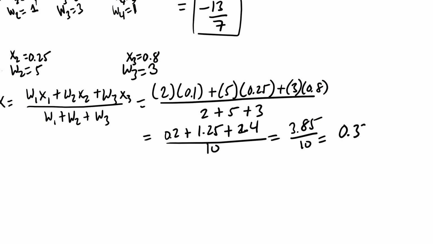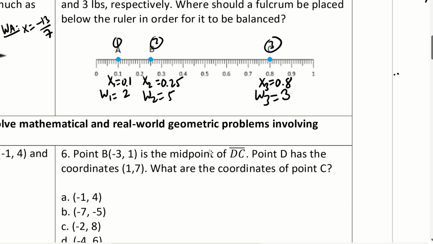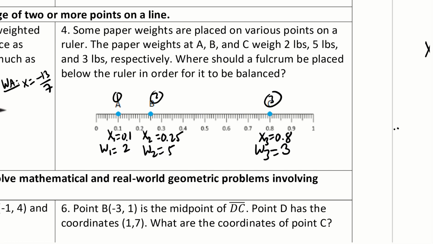So we got 0.385. I don't know if that would be centimeters, but I'll just put 0.385 for the weighted average. Okay, that takes care of problem number 4. So now 0.385 should be right around there, right? So the weighted average would be around there.